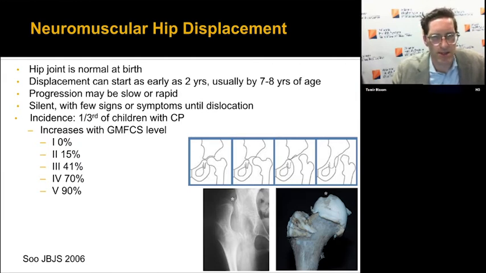And this is another amazing thing about the GMFCS level, is that it's highly correlative of the incidence of hip displacement, with the greatest percentage of hip displacement in the level 4s and 5s.